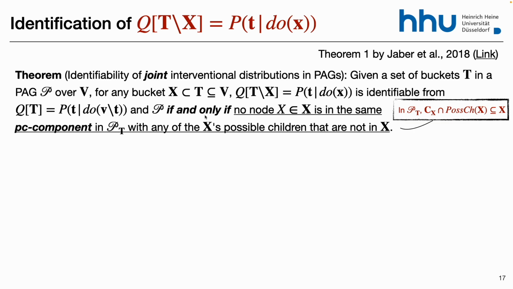So the condition here is that every node in the bucket X is, if and only if, no node, so I cannot have a node in the set X that's in the same PC component in the graph PT, so in the induced PEG over just the variables T, with any of X's possible children that are not in X. Right, so we compute the PC components of all variables in the set X, in the bucket X, and then we check if the children that are not X are part of it.